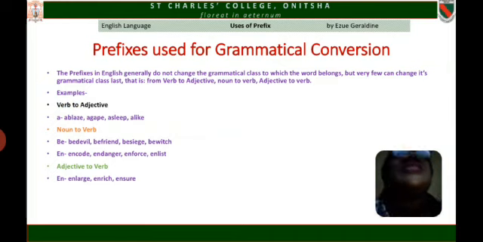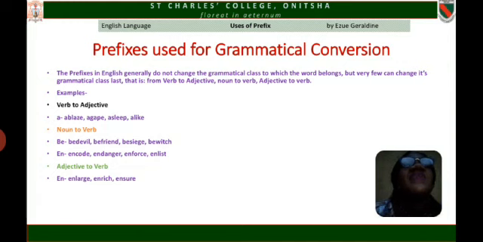For instance, if we have grade, grade can be noun, it can be verb. And if we have un added to grade, we have a word like ungrade, and it still retains that quality. For verb, grading, ungrading, it still retains the quality of a verb.